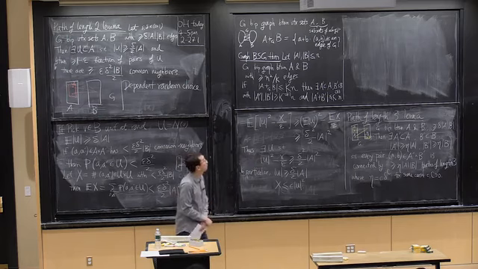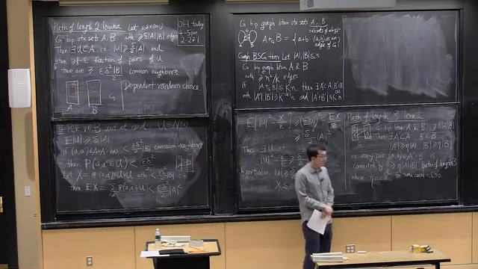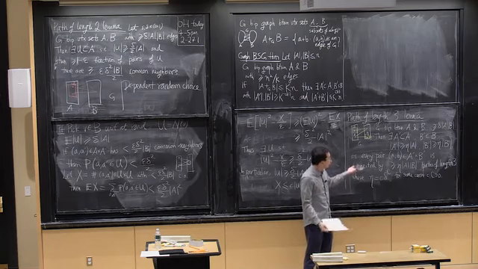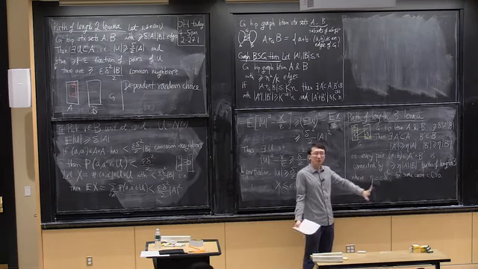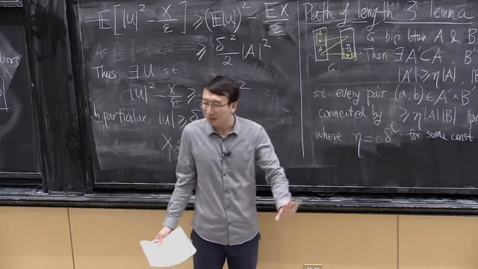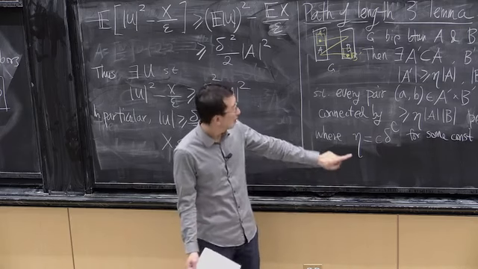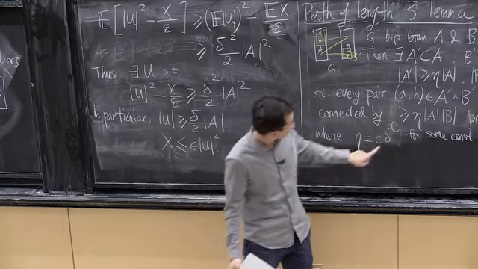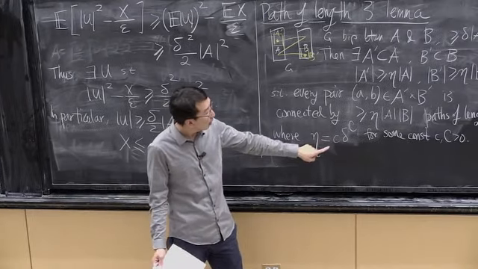Okay, every pair. And the way you should think about all of these constants is, as long as you only make polynomial changes in the constants, we're happy. So here, eta is a polynomial change in the delta.